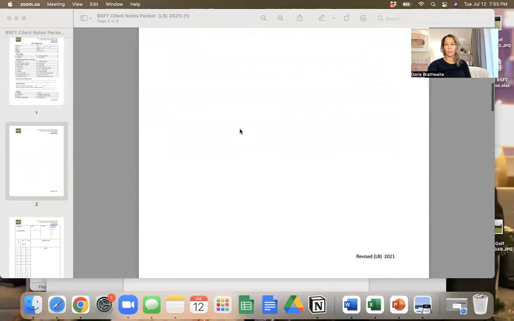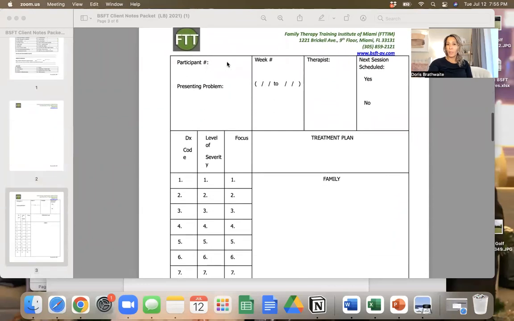Weekly case summary. Participant number, again, will be congruent with the client number and participant number. Presenting problem: it is not the presenting problem in the sense of what the family is presenting this week. The presenting problem will stay the same throughout the entire time you meet with the family.